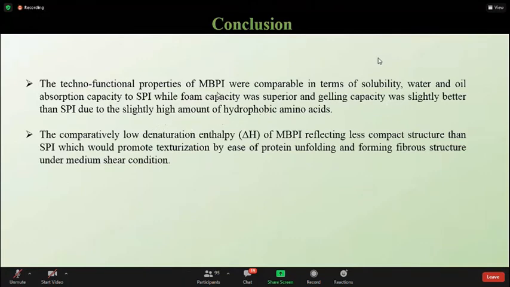But mung bean protein isolate is superior in terms of gelling capacity, and also slightly better in foam capacity than SPI. Comparatively, the denaturation enthalpy is lower than SPI, so it is much easier to turn into other products, such as meat analog, later on.